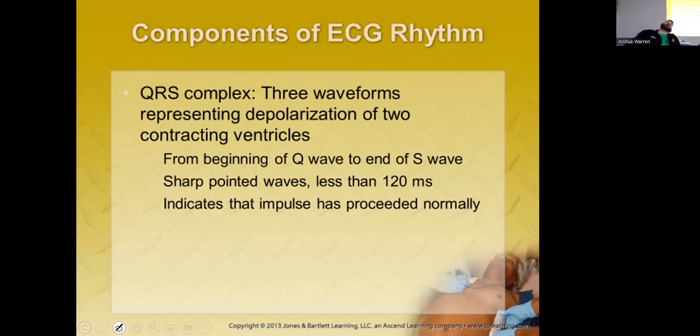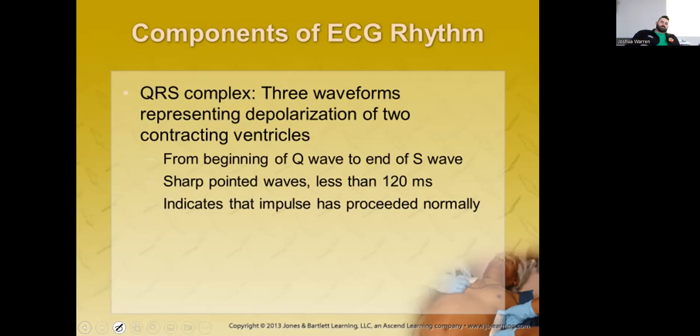But again, the EKG is only the electrical graphical representation of the heart's conduction system, not an actual representation of the mechanical beats. How do I measure the mechanical output of a heart? A pulse, very good. A blood pressure.